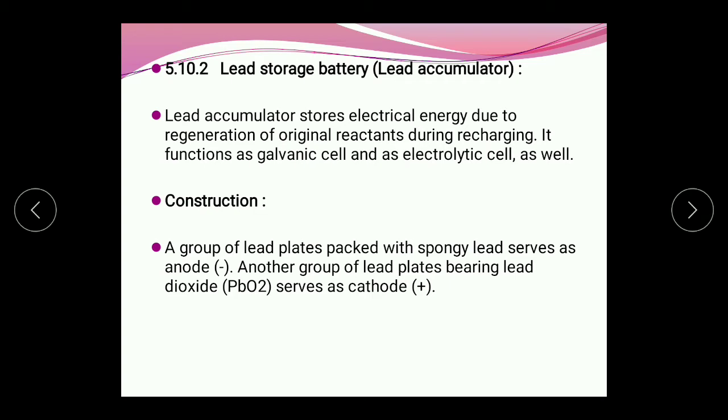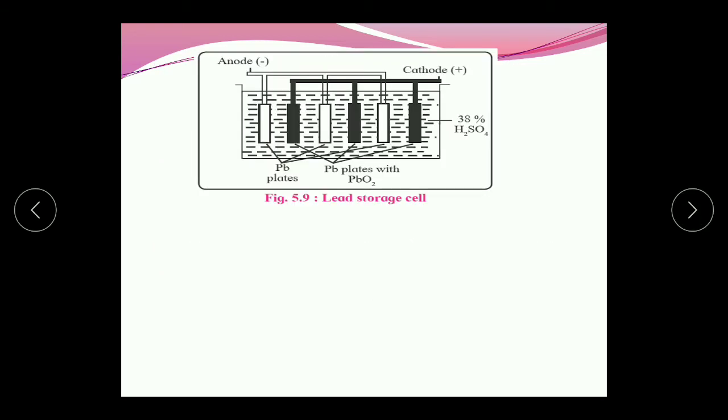So some plates work as anode, which are plain lead plates coated with lead, and some plates are used as cathode, which are also of lead but coated with lead dioxide. And the figure is like this.